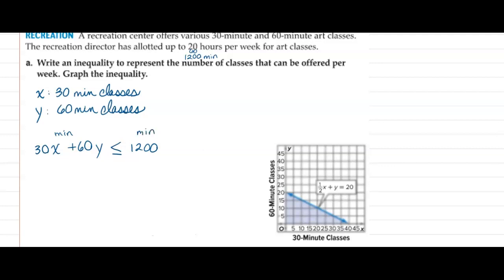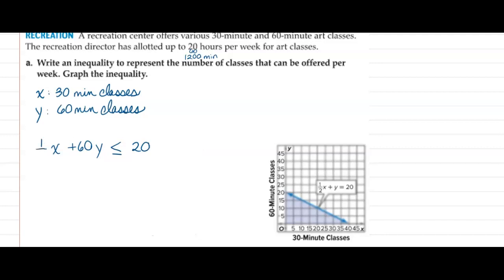Well, why is that unfortunate? Because who wants to graph something with 1200 in it? That's a very large graph. So instead of changing these to minutes, we're going to keep these hours, and instead we'll change our minutes side of the inequality to hours.